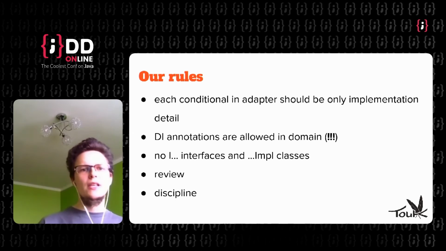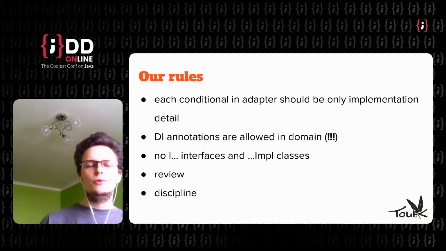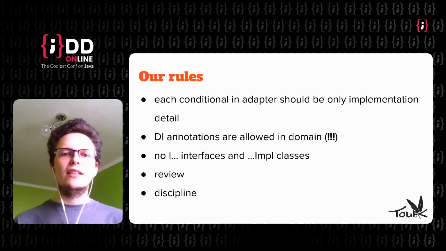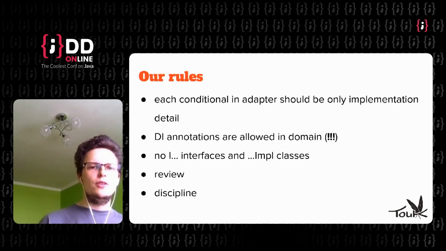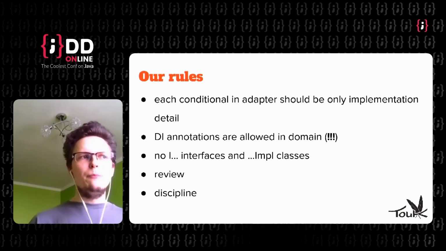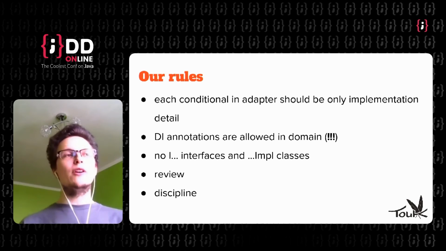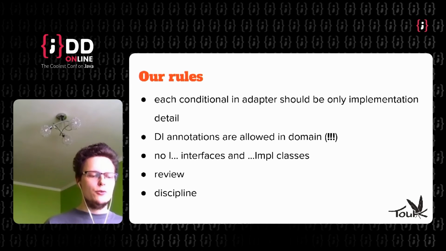Another our rules, and maybe some violation of these rules, of the architecture rules: each conditional in our adapters should be really the implementation detail. So we stick to this rule from the architecture. We allow to annotate the dependency injection annotations in our domain. It was the violation of the rule, but it was easier because we couldn't use Spring.